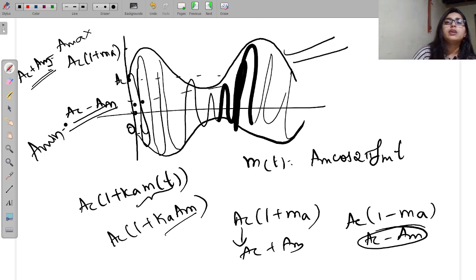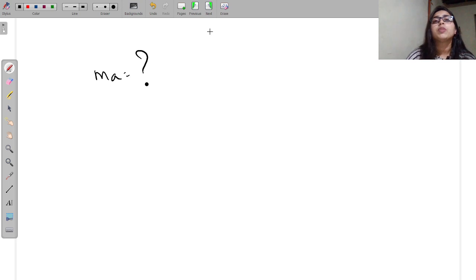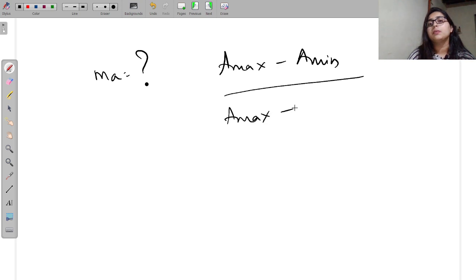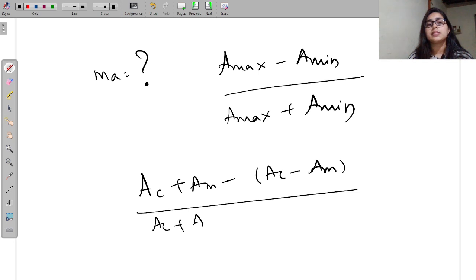From this figure, I can find out the modulation index. How? A maximum minus A minimum divided by A maximum plus A minimum. So let me substitute that. AC plus AM minus AC minus AM divided by AC plus AM plus AC minus AM.